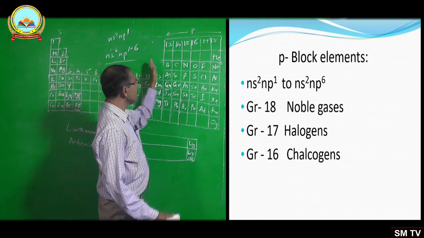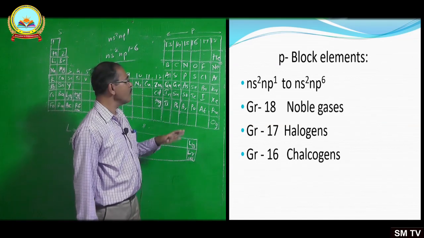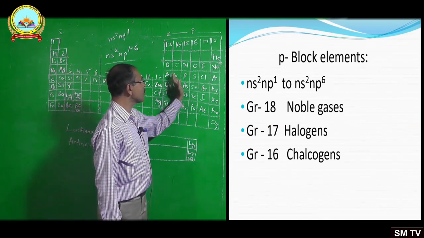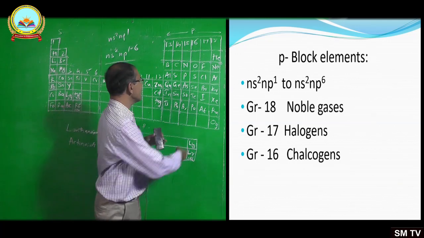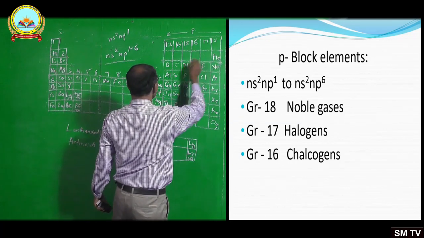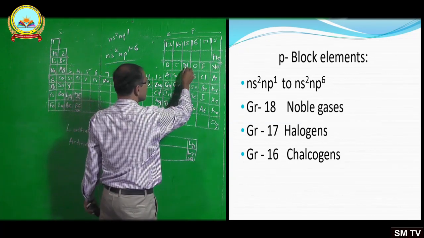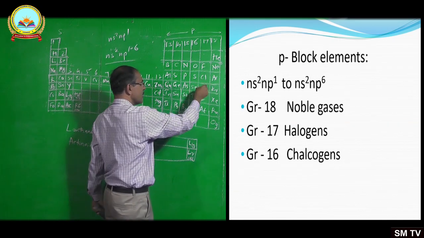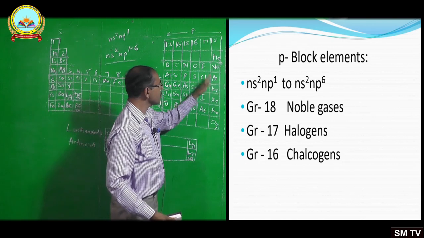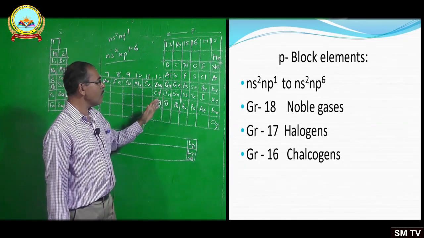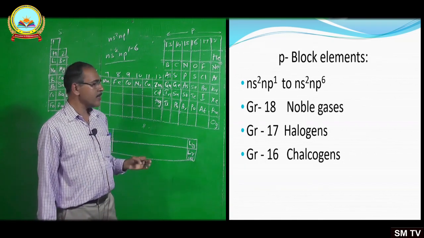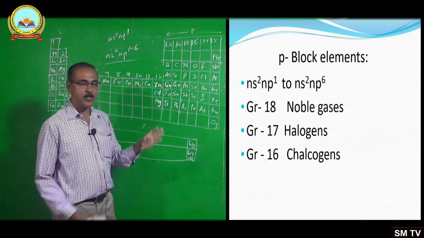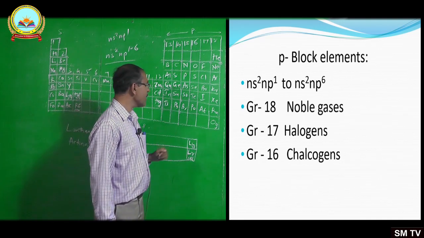Now, in the p block, we have gases on the top right. See here, these are all gases: helium, nitrogen, oxygen, fluorine, neon, chlorine, argon, krypton, xenon. We have metals, non-metals and metalloids, all present in the p block elements.